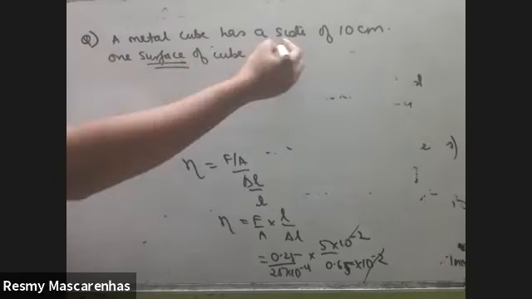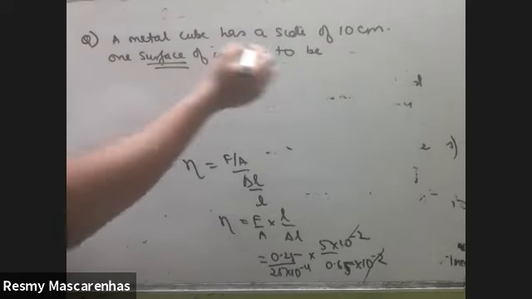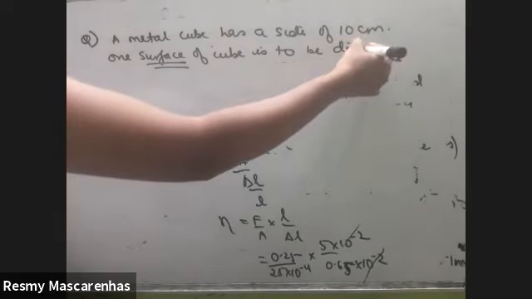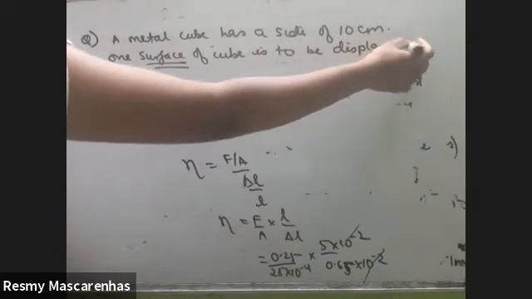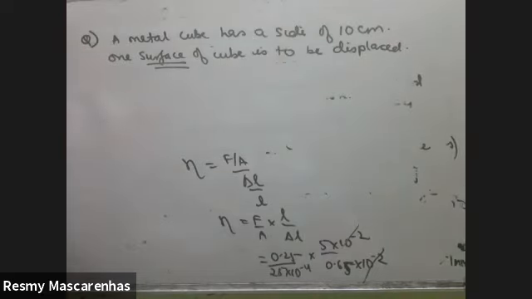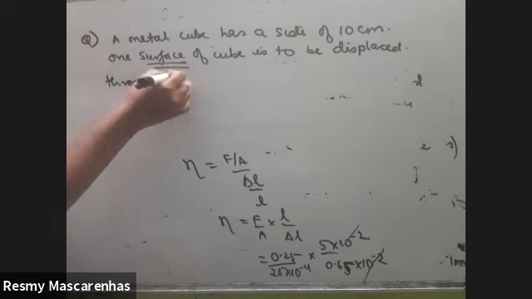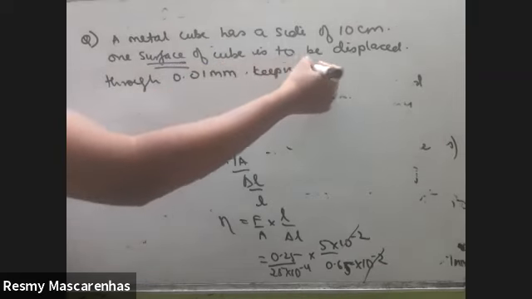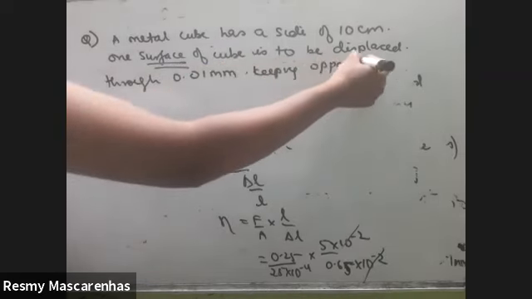One face of the cube is to be displaced through 0.01 mm, keeping the opposite side fixed.